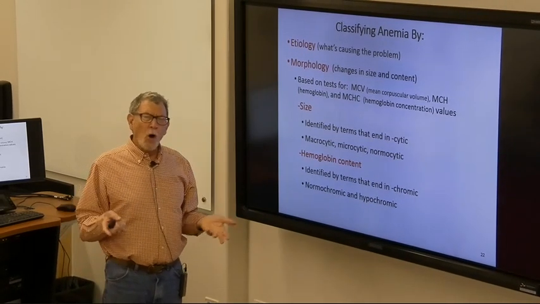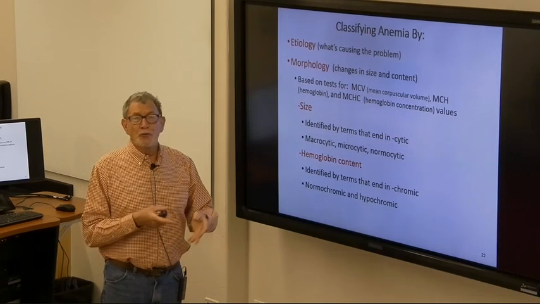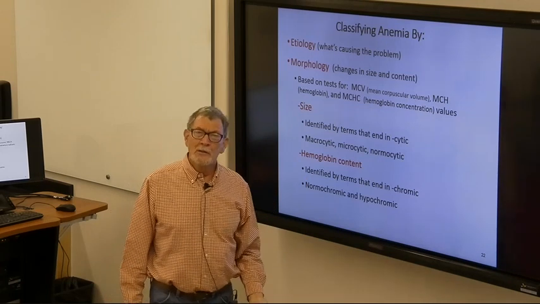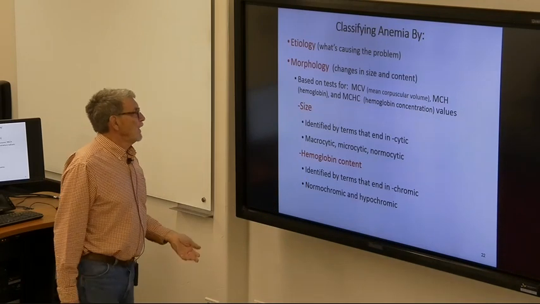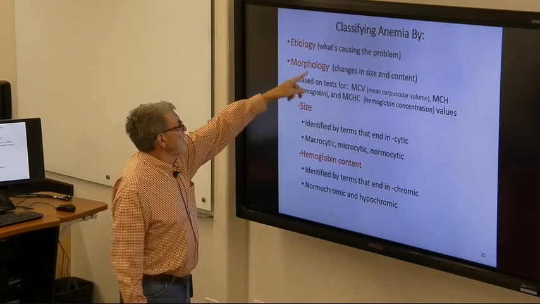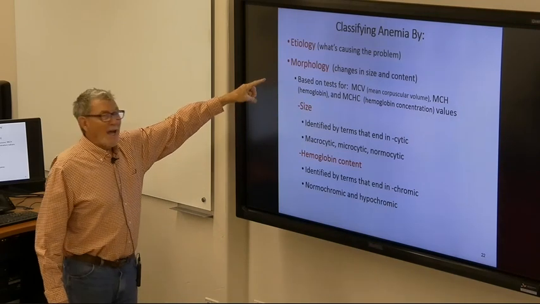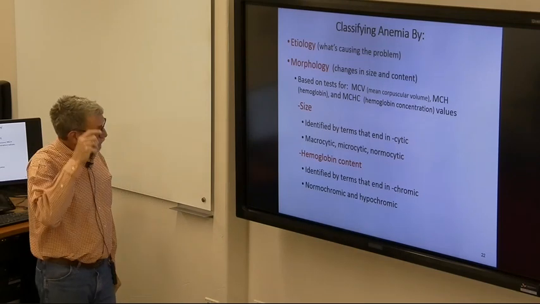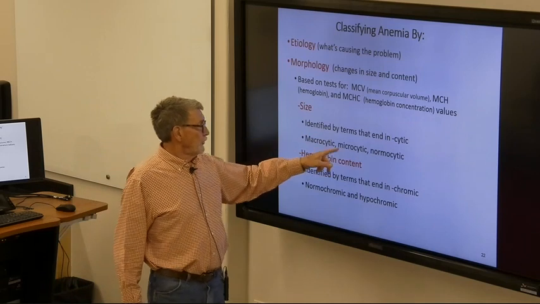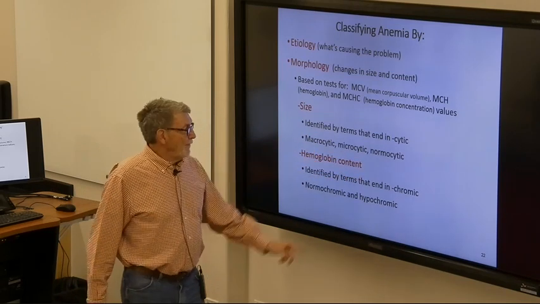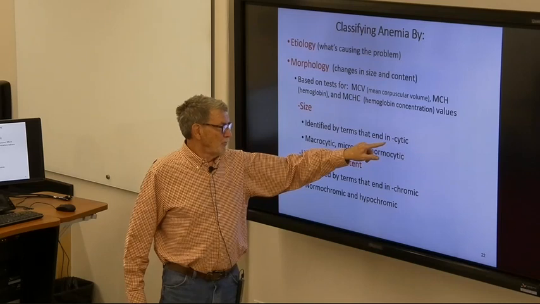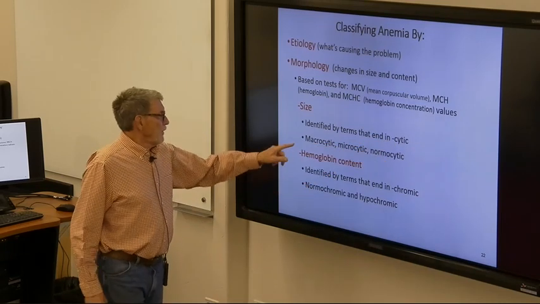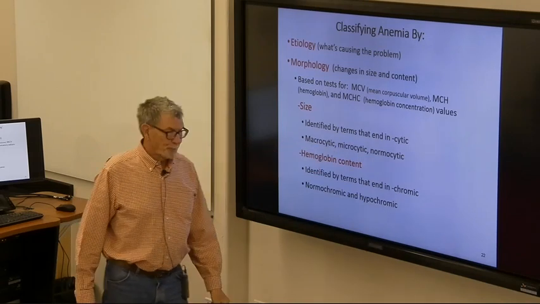Morphology. What's wrong with it? Are they too big? Are they too small? Do they have too much iron in them or too little hemoglobin? So the morphology is based on abnormal size or hemoglobin content. They can be too big, too little, or normal sized: macrocytic, microcytic, normocytic.